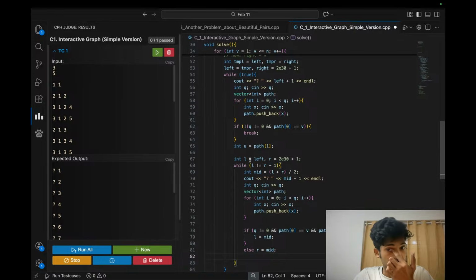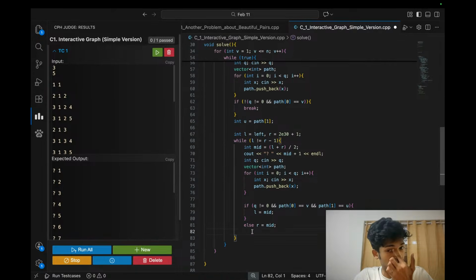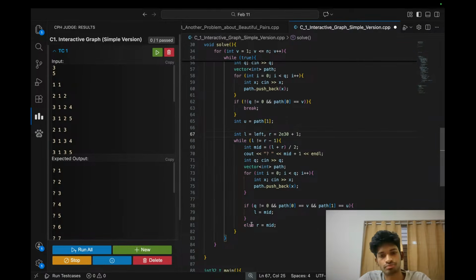Here we queried L plus 1. Here we started from L. We could have started from L plus 1 too. Anything works.